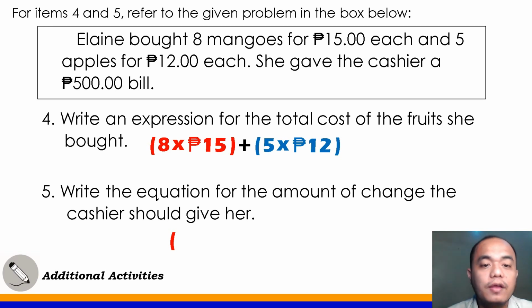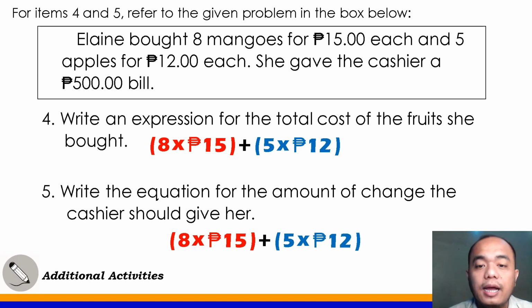Now, number 5. Write the equation for the amount of change the cashier should give her. So, ngayon naman, ang sukli na ang ating isosolve. Pero, equation lang ang hinihingi dito sa number 5. So, again, we will use parentheses. Unahin na muna natin yung cost ng mangoes, just like we did earlier. Kopyahin natin yung answer sa number 4, kasi ito yung magre-represent ng binili na prutas ni Elaine.